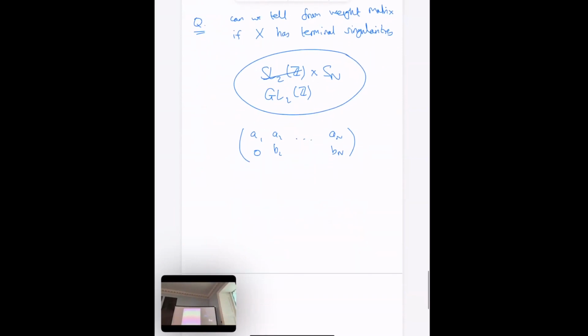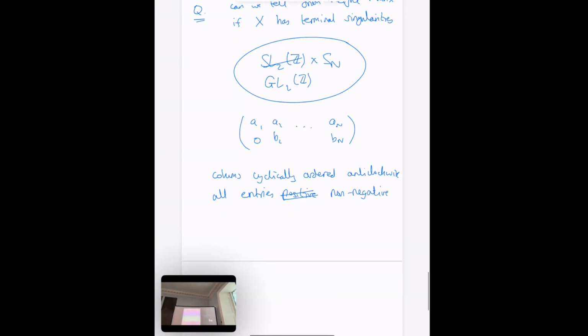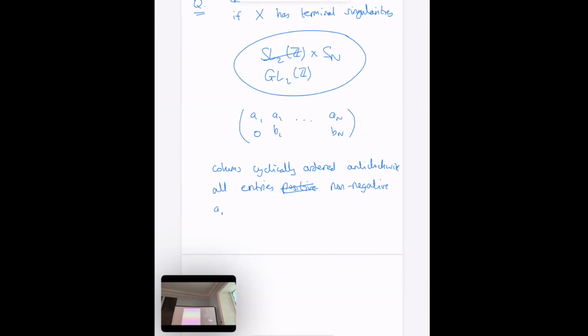So here, the columns are cyclically ordered anti-clockwise. All entries are non-negative. And AN is less than BN. So using the action, you can always put a weight matrix of rank 2 into that form.